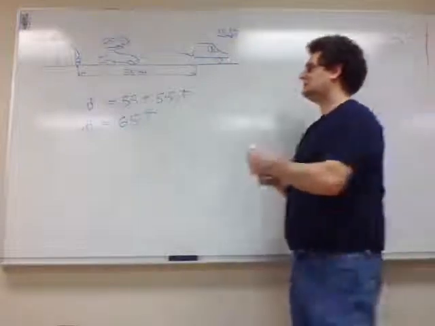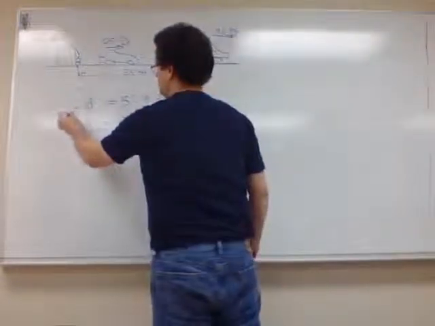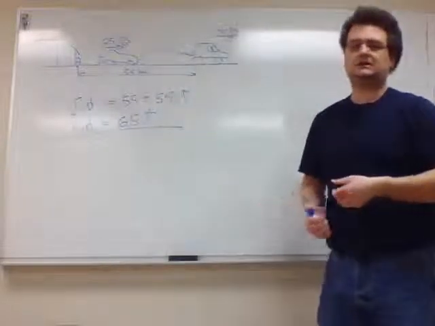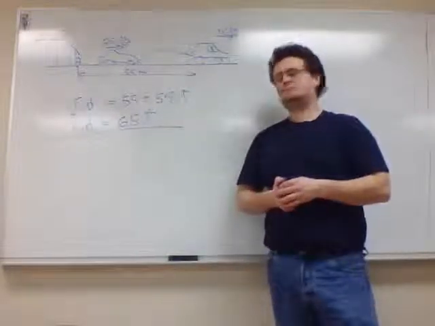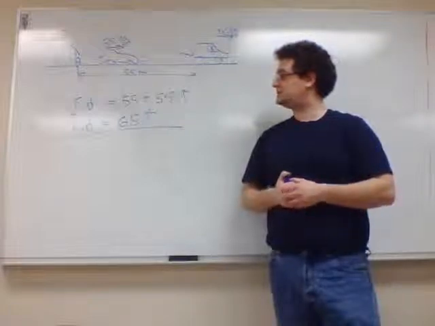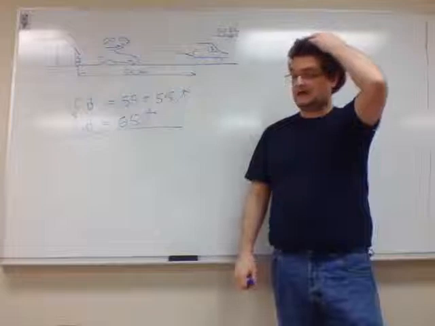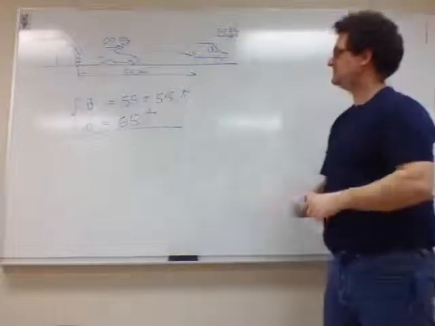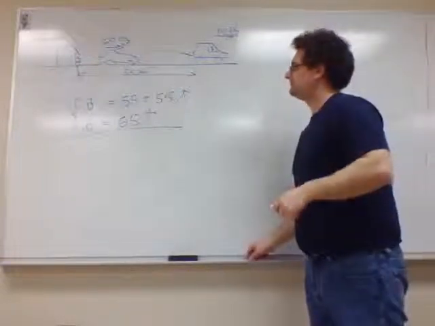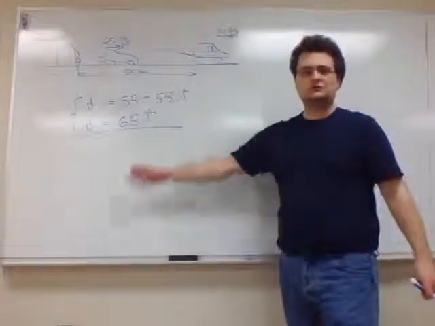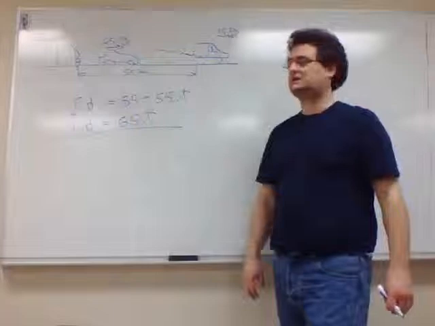Again, this is a system of two linear equations with two unknowns, d and t. And our question is how much time is going to pass until you catch him. You can also wonder how long you are going to travel until you catch him.